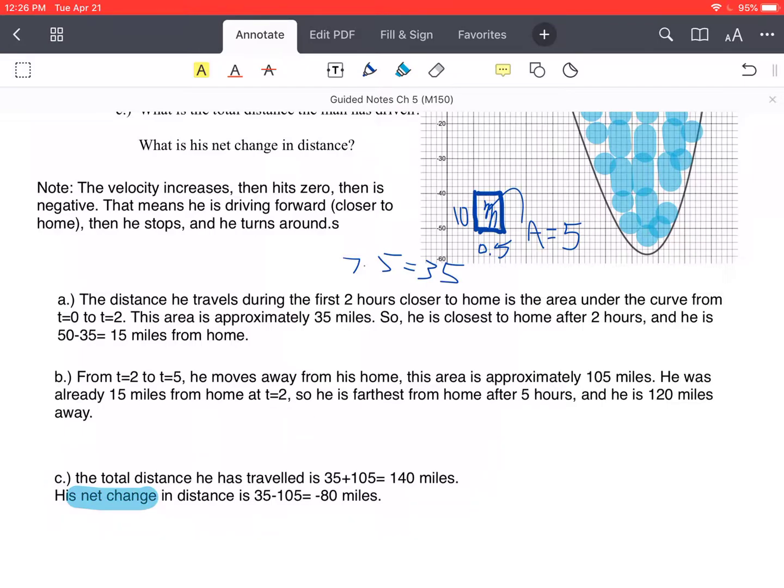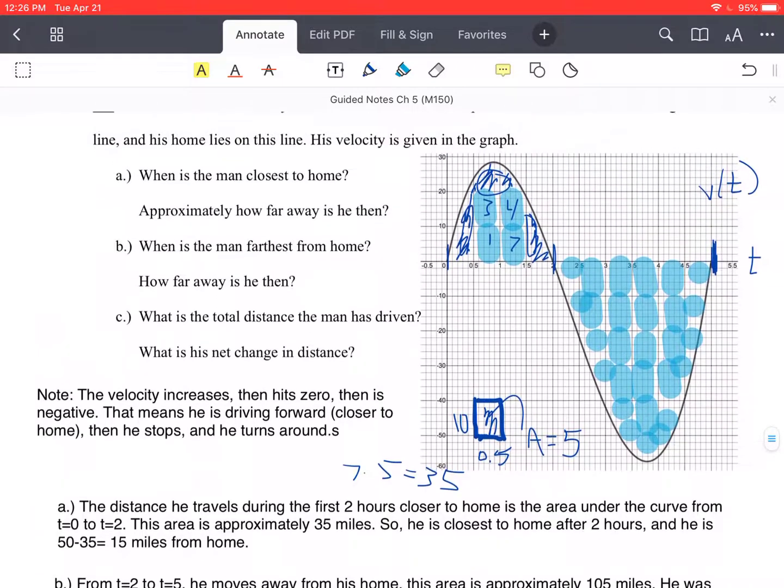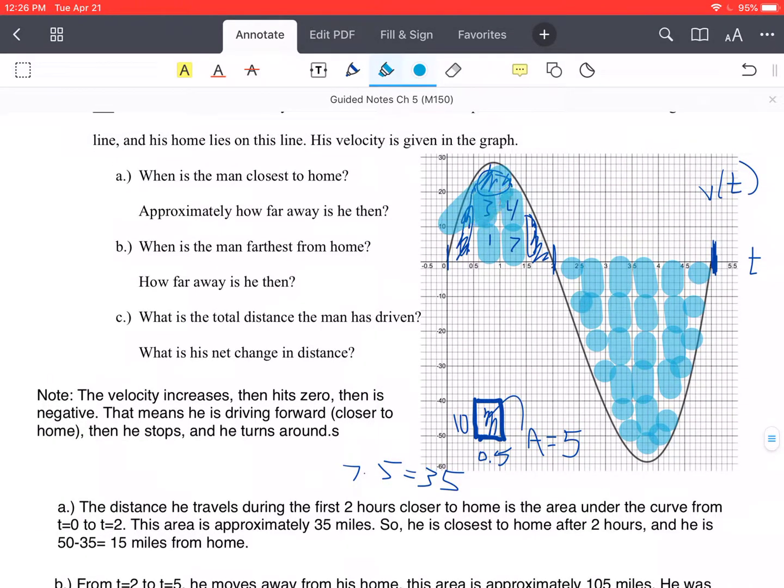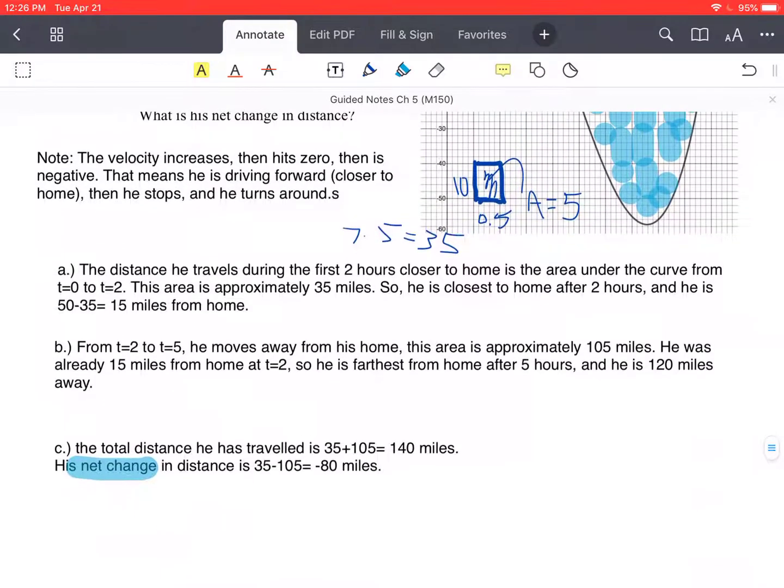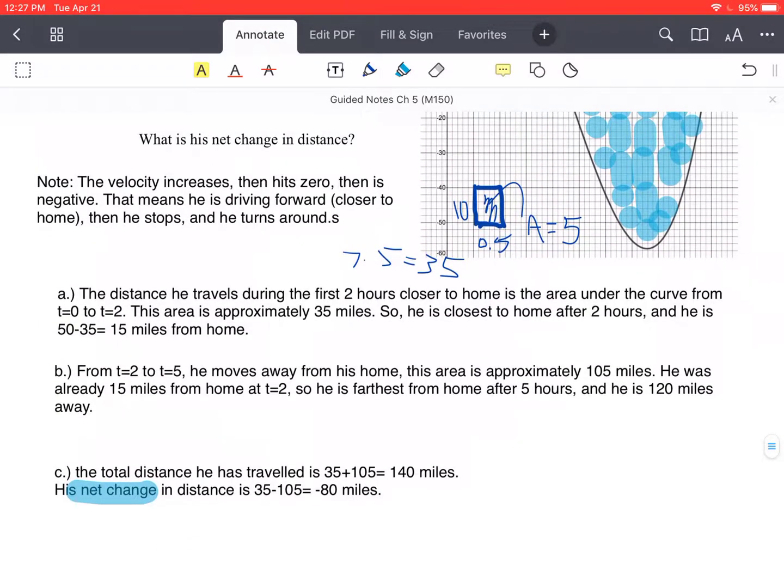It's positive area, positive area. Doesn't matter what direction it's going, it's 35 plus 105. But the net change takes into account that this area is positive and this area is negative. It asks us to add the positive area and subtract the negative area, just like when we looked at integrals in the last section.